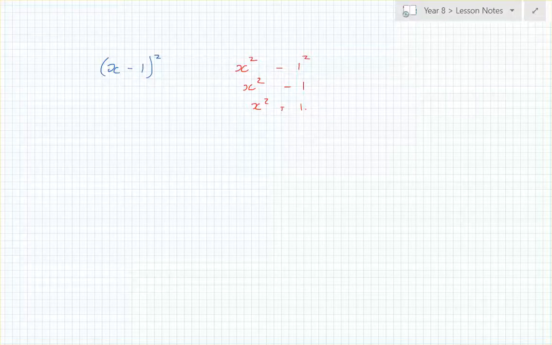Put your hand up if you did that. You do not do the squared to the 1 and the squared to the x. If you remember, x minus 1 squared is x minus 1 times itself, which becomes x squared minus 2x plus 1.